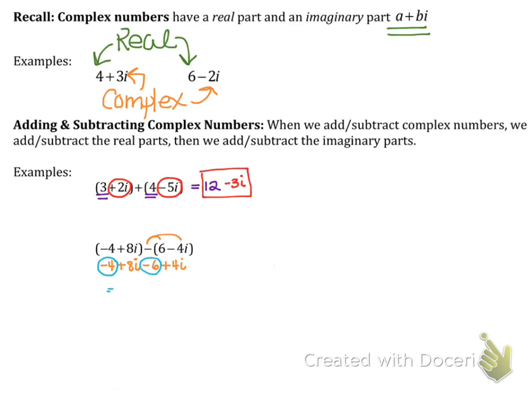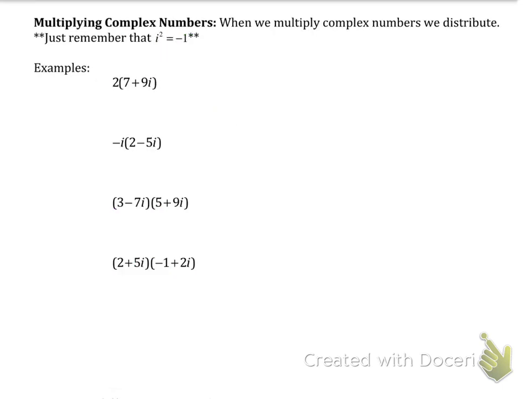So I'm going to get negative 10. And then the imaginary part here is 8i and 4i. So I'm going to get plus 12i. So notice when I add, I still have all my final answers in terms of just I. So we can't have any exponent of I be greater than 1. And so far we're good.